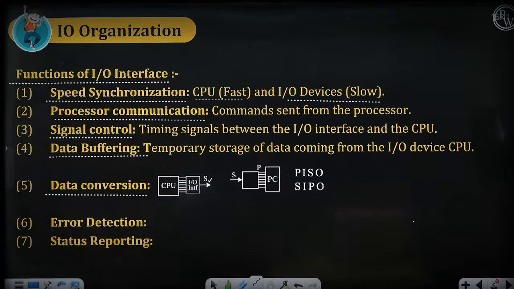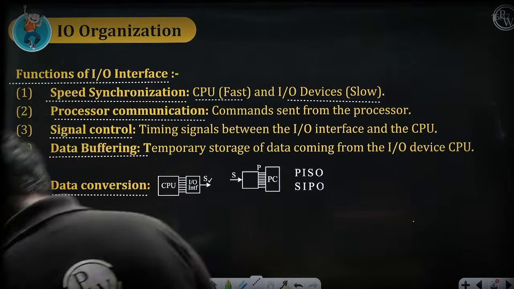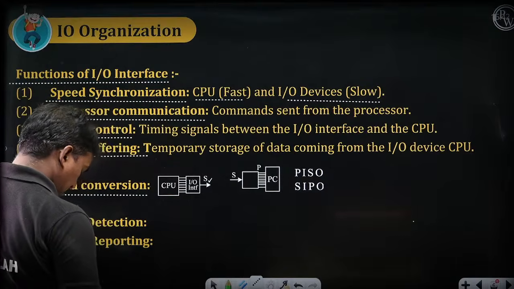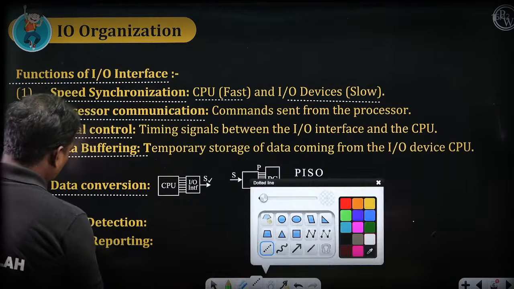Inside the system it is going to take an ASCII code. This is error detection. This is status reporting.